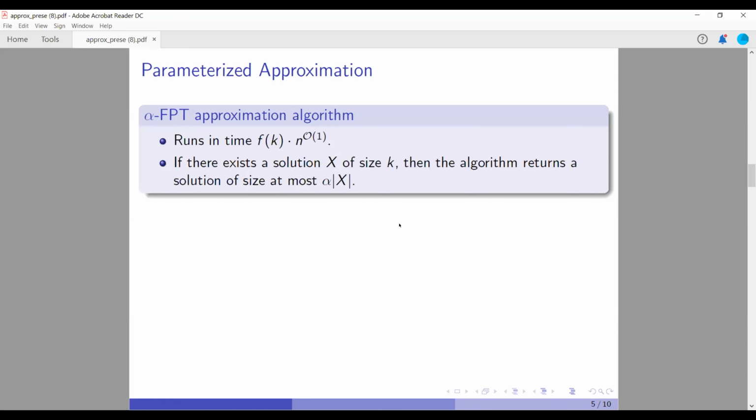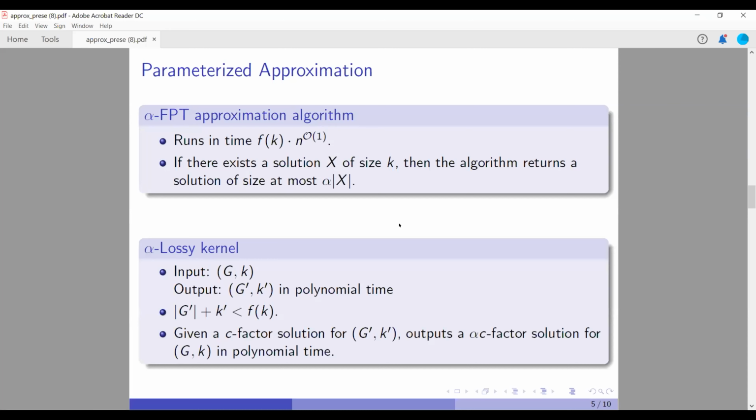If such an algorithm exists, we say that the problem has an alpha FPT approximation algorithm. Another important concept is the alpha lossy kernel. In kernelization, given an instance, we first try to reduce it to a smaller instance, whose size needs to be bounded by some function of k.